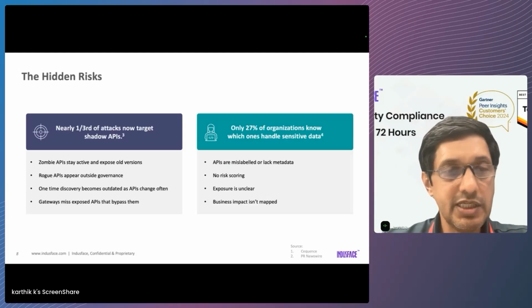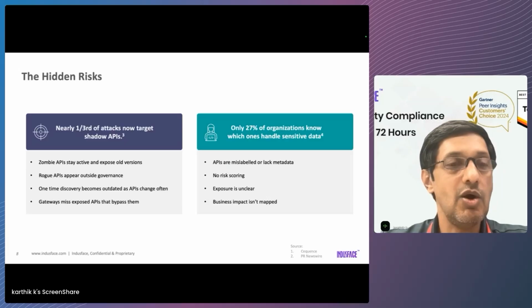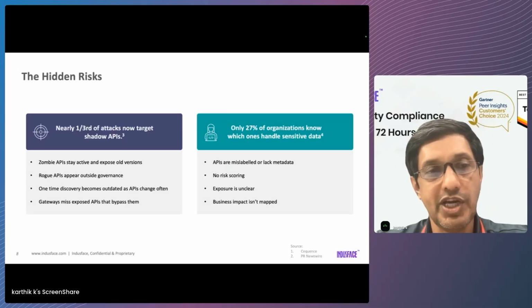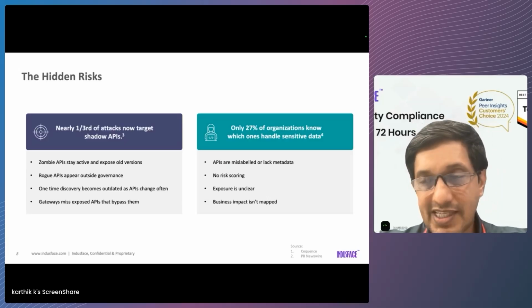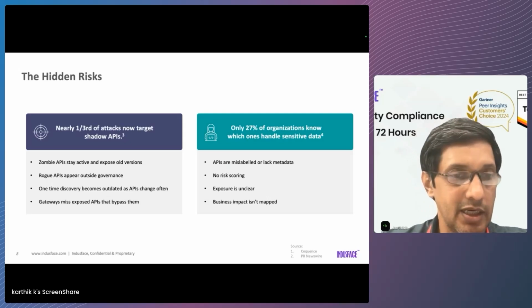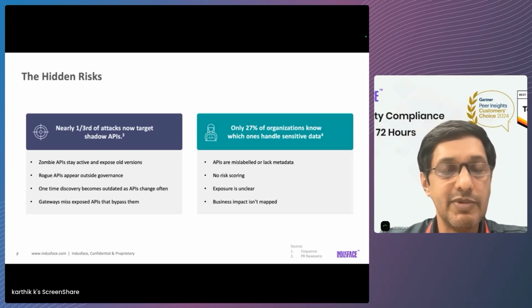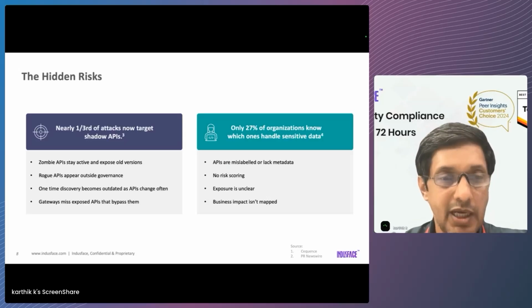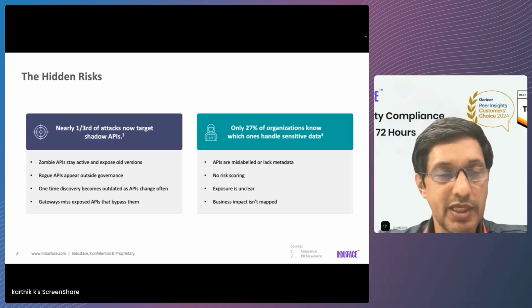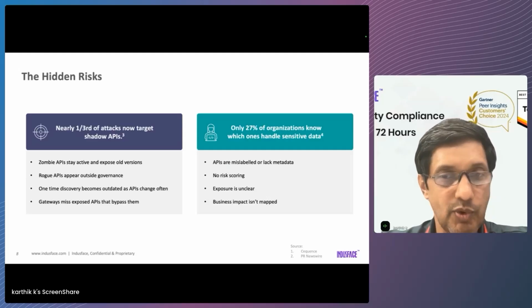But there's a big percentage of APIs that the organization doesn't even know about, and these are called shadow APIs. How does this happen? Developers create APIs or modify existing APIs, and every time that happens, there could be security issues with it, or something inadvertently exposed.